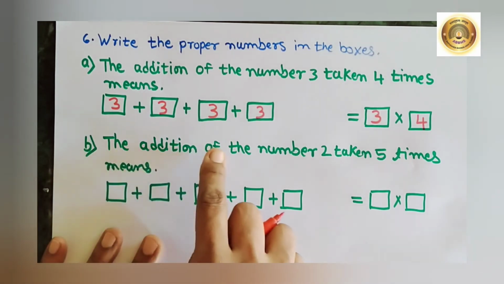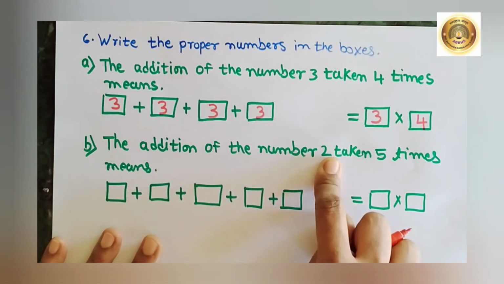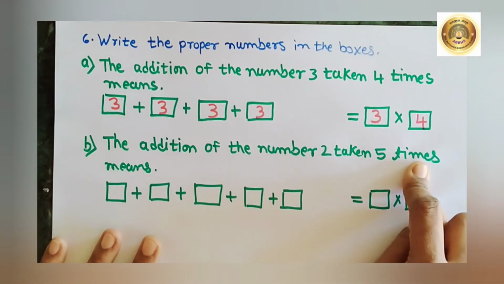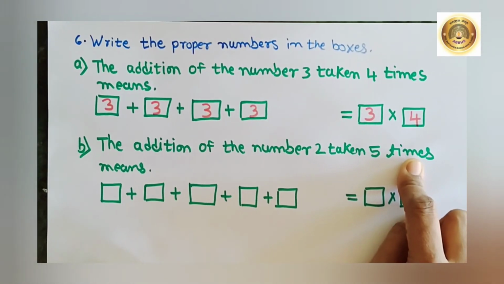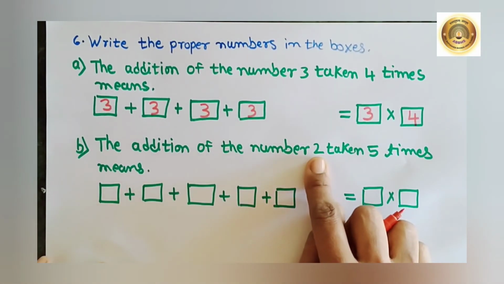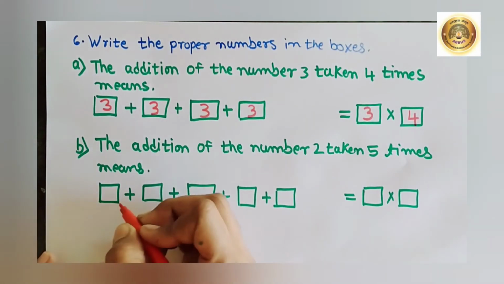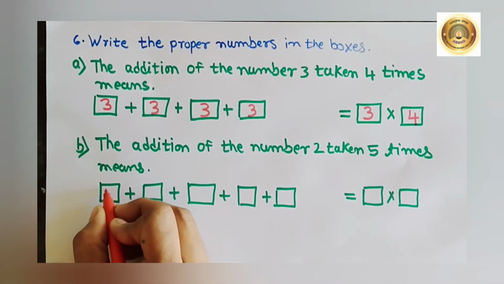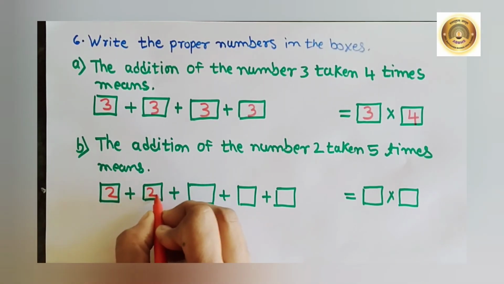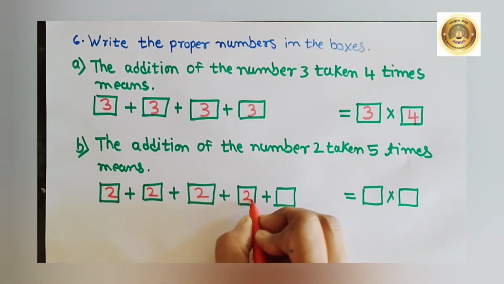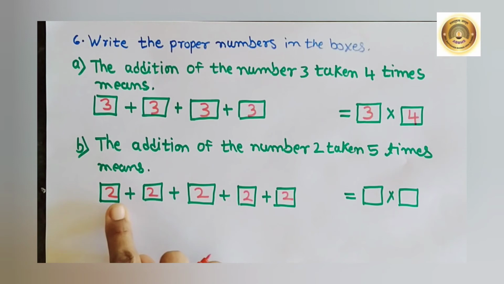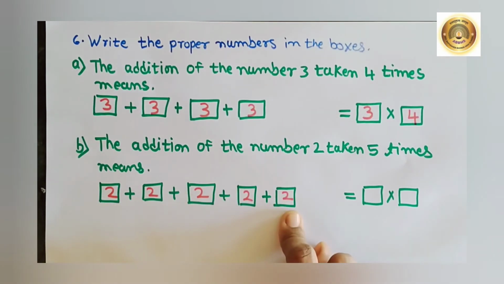The addition of the number 2 taken 5 times. I hope you understood this, that you have to add 2 5 times. So what we can write in addition form: 2 you have to add 5 times again and again. 1, 2, 3, 4, 5 times.